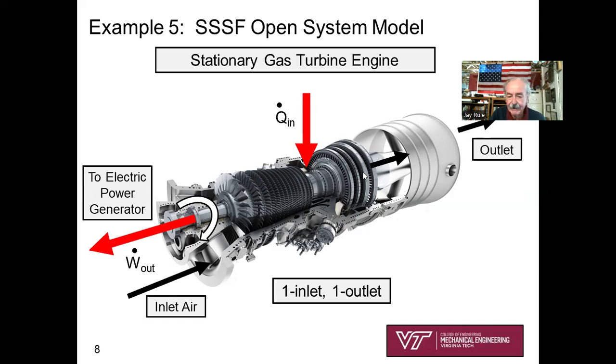We've got air leaving the turbine section, 1 inlet, 1 outlet. And in this case, a shaft is turning at a constant speed and torque and driving an electric power generator, W dot out. Classic 1 inlet, 1 outlet, steady state, steady flow, open system.